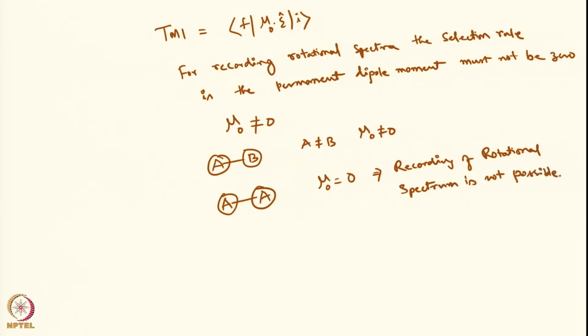Okay. So one of the selection rules for recording rotational spectra is that the transition moment integral will go to 0 when mu naught becomes 0. So we can only record rotational spectra of molecules that have a permanent dipole moment.